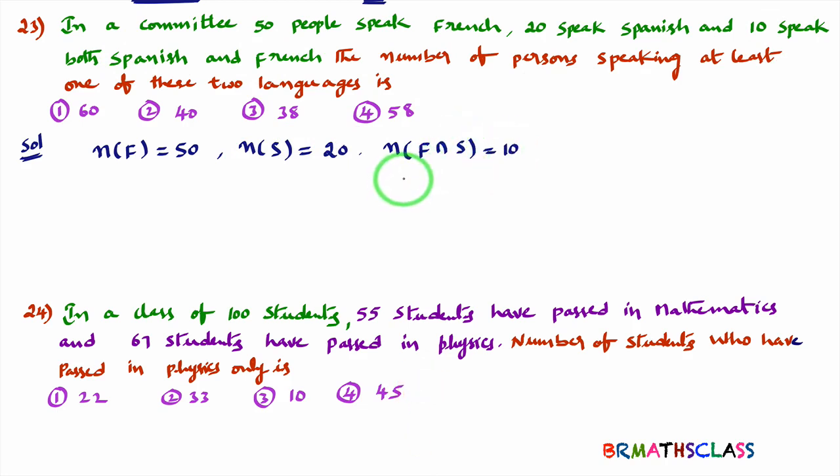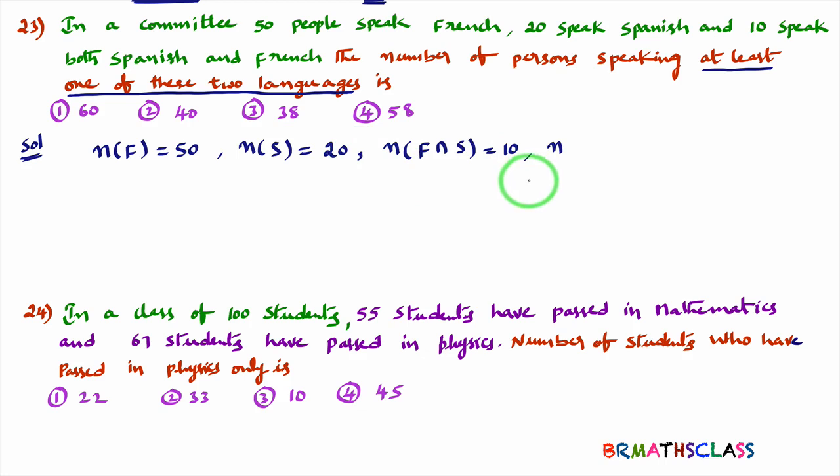So what they are asking here is the number of persons speaking at least one of these two languages. Try to understand once again. From the last three questions you need to understand, I collected all problems of the same type so that whenever you see them next time you can do it very easily.